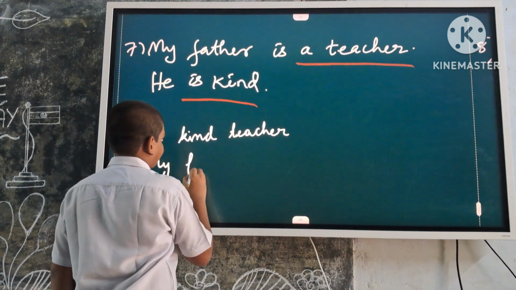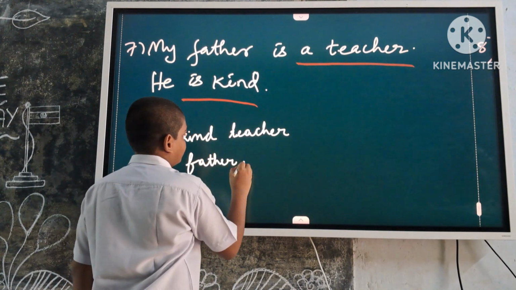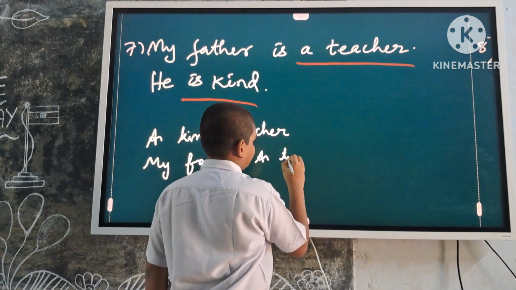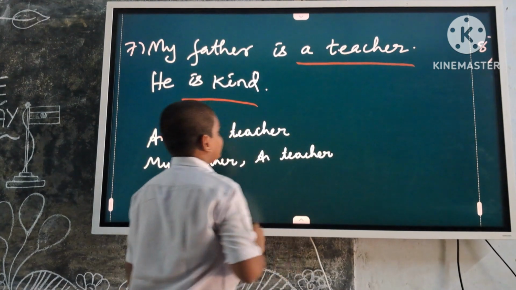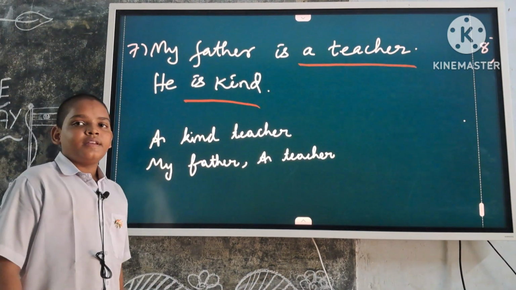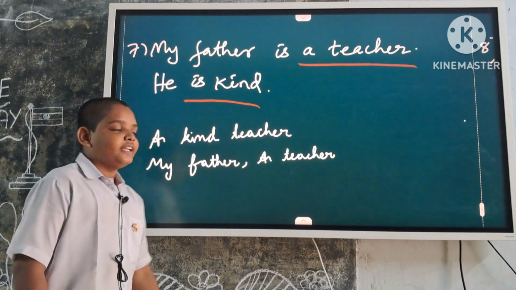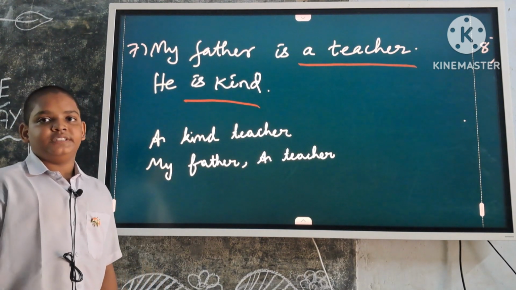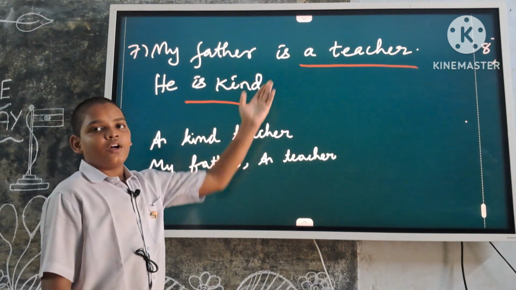We can do another alternative noun phrase with this sentence. My father, a teacher. Here the newly formed noun phrase is my father a teacher. A teacher is post modifier noun in apposition. We can do another alternative noun phrase with this noun phrase.